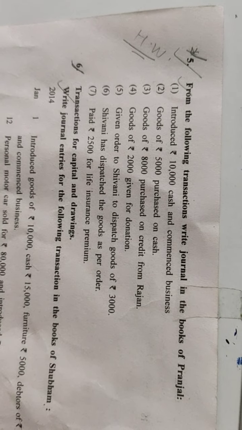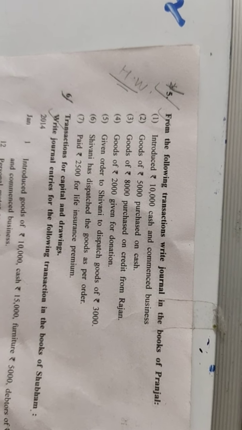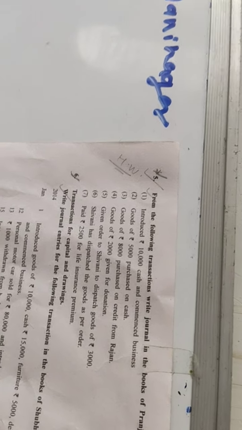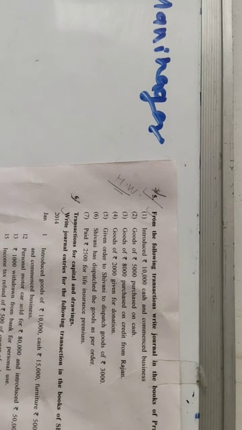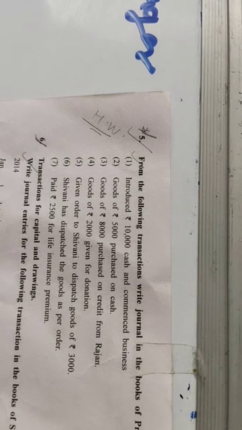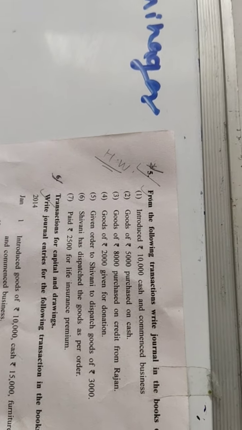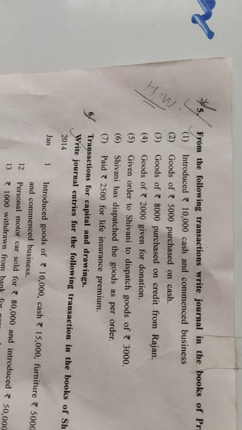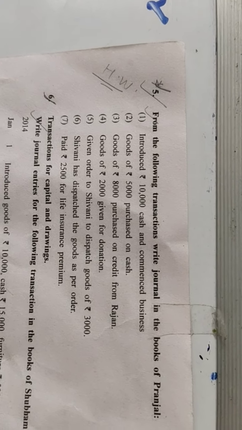Okay. Now the last, seventh transaction for this sum: paid rupees 2,500 for life insurance premium. Friends, insurance premium is considered an expense, but life insurance premium is mentioned here. You have to assume this is the life insurance premium of the owner, because no other information is given.